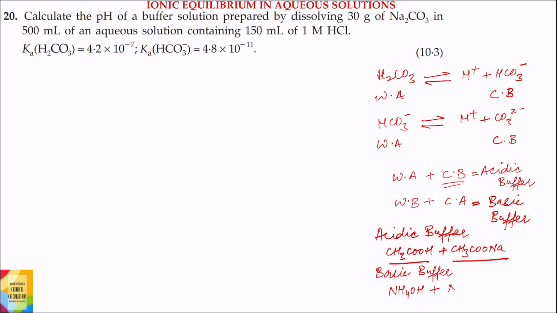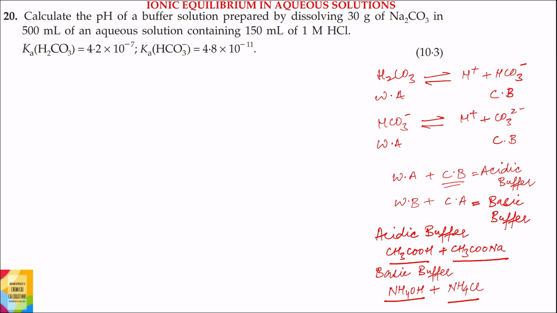Its conjugate acid will be the NH4 plus ion, or it can also be said weak base plus its salt with strong acid. So NH4OH plus NH4Cl, this combination: NH4OH is the weak base and NH4Cl is its salt with strong acid, that is HCl. So weak base plus its salt with strong acid acts as basic buffer.